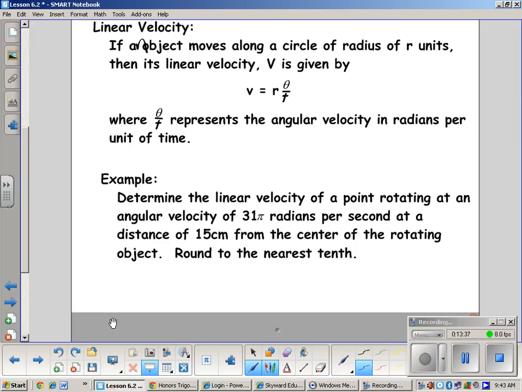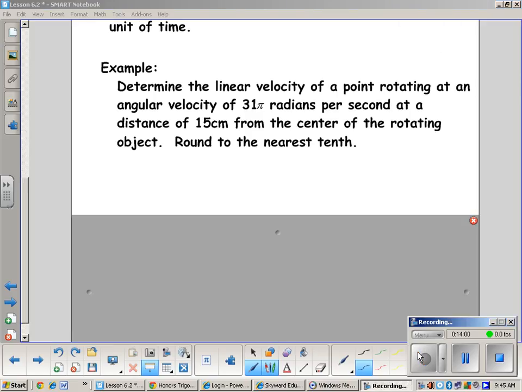Example. Determine the linear velocity of a point rotating at an angular velocity of 31 pi radians per second at a distance of 15 centimeters from the center of the rotating object, round to the nearest tenth. The formula said linear velocity is equal to radius times theta over t, where theta was the angular displacement, t is the time.